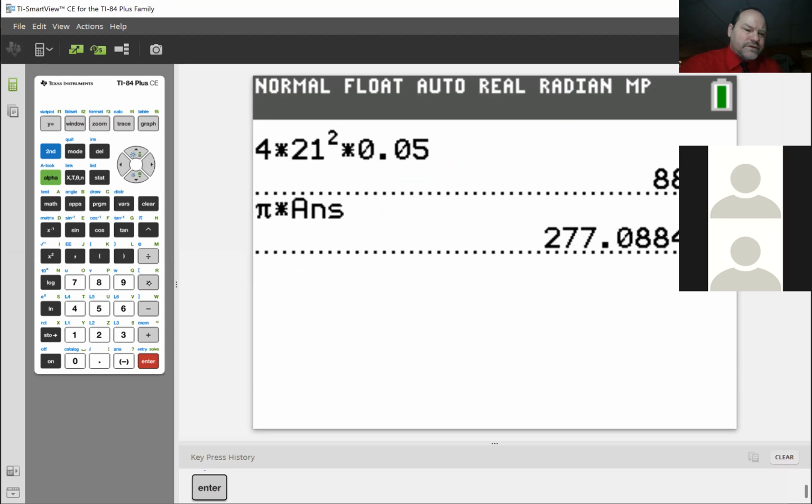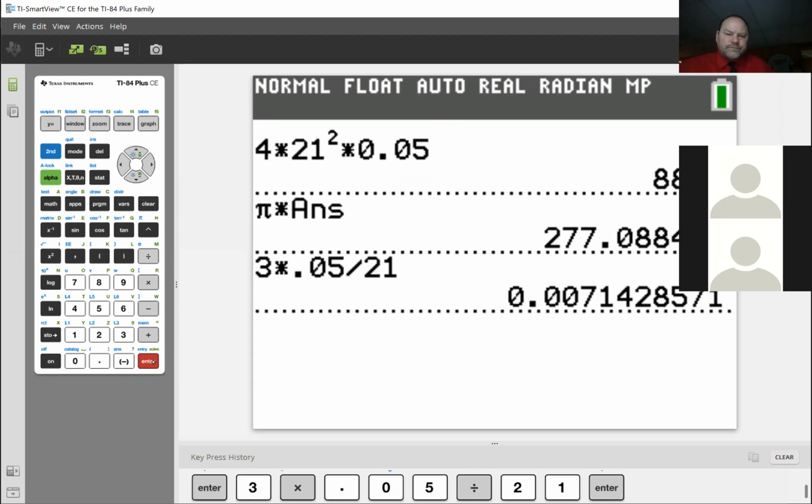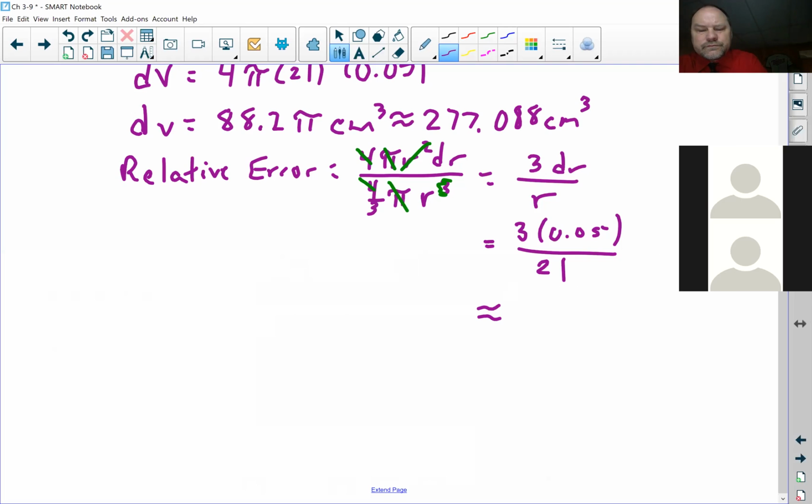Three times 0.05 divided by 21. And that's 0.007. On the AP exam, that's where we would end the rounding. So that's the relative error.